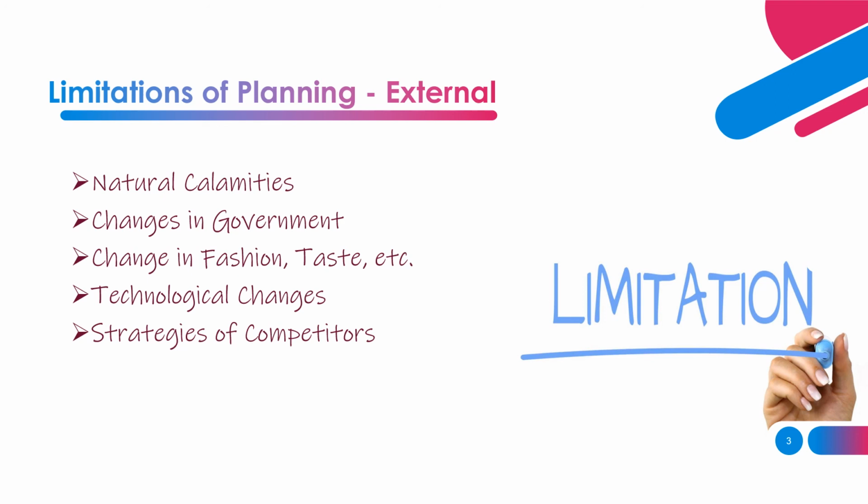But before it launches its product, one of the competitors launched a similar kind of product for rupees 95. So this is how all the planning of this company ABC Limited crashed. So strategies of competitors may lead to failure of planning of one firm sometimes.